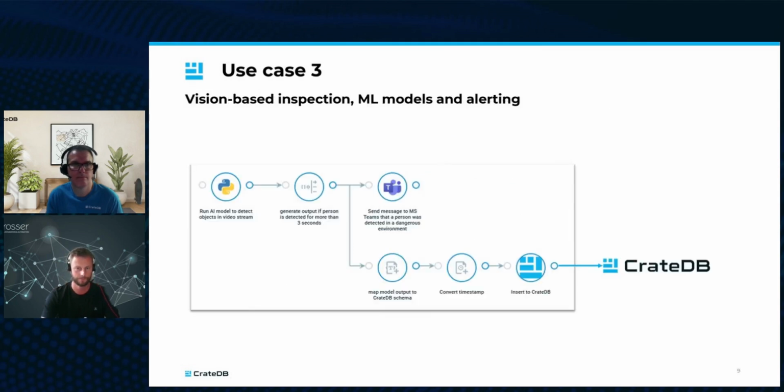The third use case is a bit more advanced, but also pretty interesting, and we see an increased interest in this type of use case. We see that more and more customers leverage cameras, so vision-based inspection use cases, and this is something that you can do with Crosser as well. What you usually do is you use some sort of Python-related AI model and Python libraries to connect to cameras.